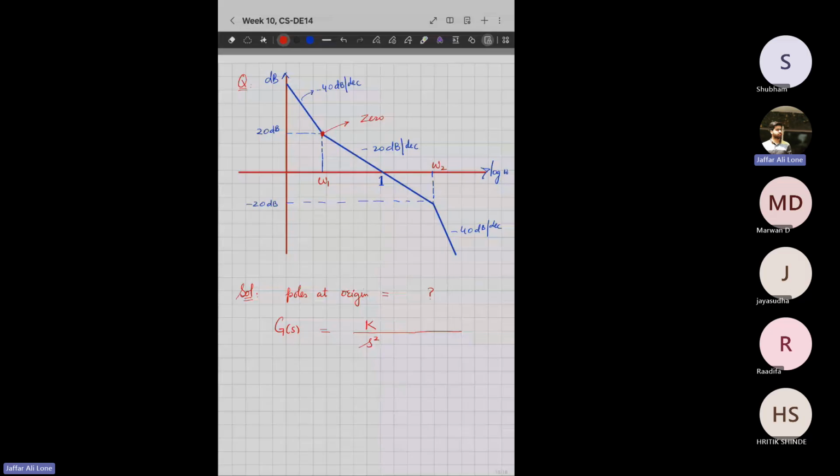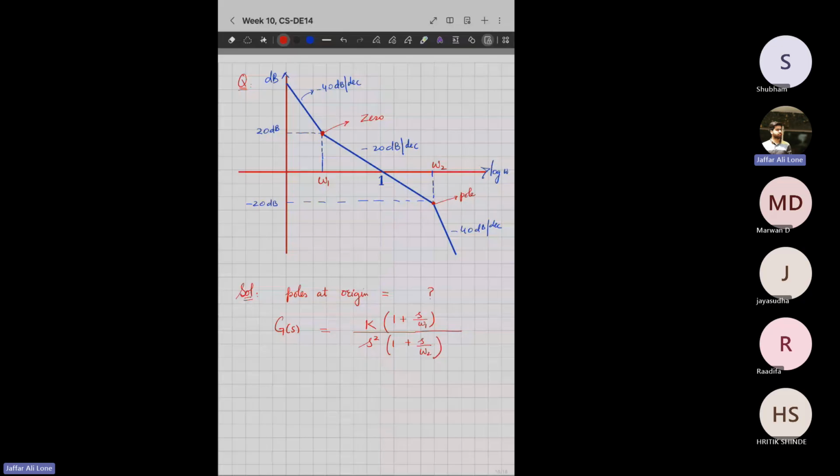And at this point, the slope is changing from minus 20 to minus 40. It means we have a pole. So at 2 corner frequencies, we have 1 pole and we have 1 0. Okay, so can I write it like this? 1 plus S by omega 1 divided by 1 plus S by omega 2. Because at omega 1, I have a 0.